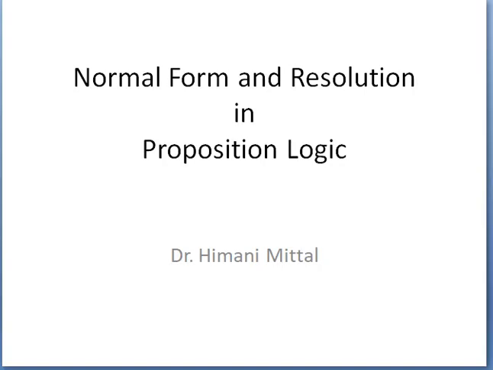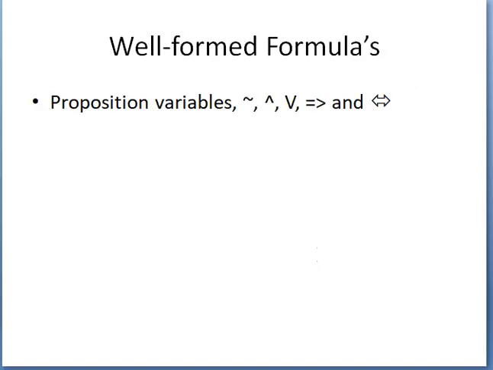This makes it easy for the computer to represent the knowledge and also perform the proof for proving various properties, and the proof by this method is known as the resolution method. Let us look at both the concepts.